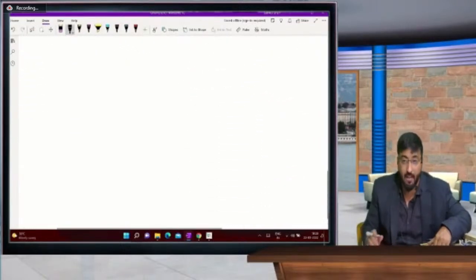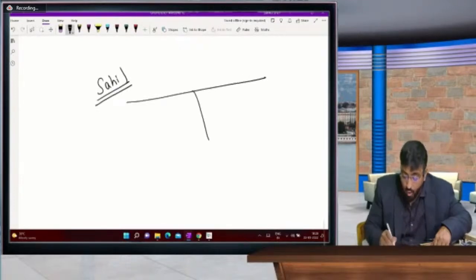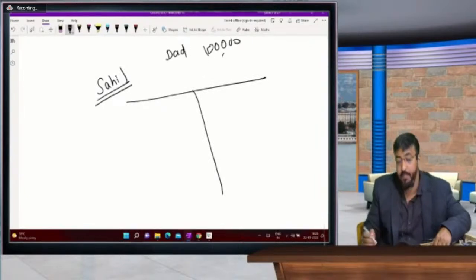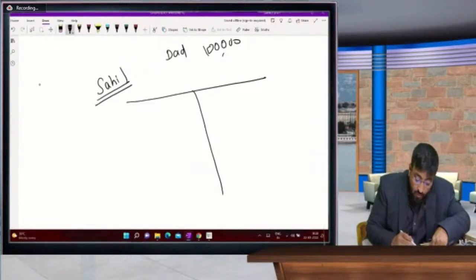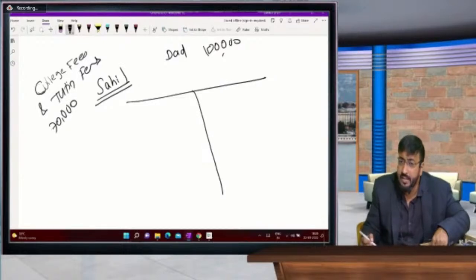Assume, Sahil, your dad earns 1 lakh rupees. Assume your college tuition fees, he has to pay 70,000. Is it possible that this time your mom wants some necklace?